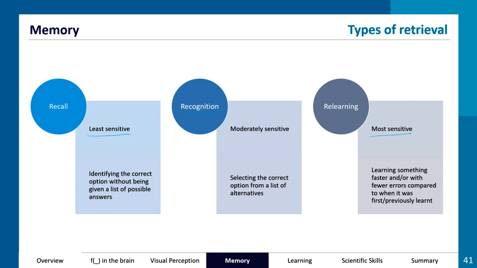In this case, we would say that Susie is using recall unless she's actually been given a list of the names along with that picture. That's because she still isn't picking from a list of alternatives, she's just using a cue to help her out, and cued recall is a type of recall. So we would only say recognition if there was some kind of writing that came along and had those names.